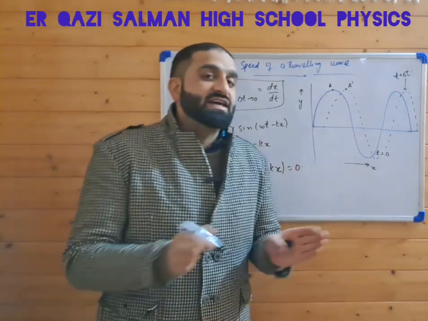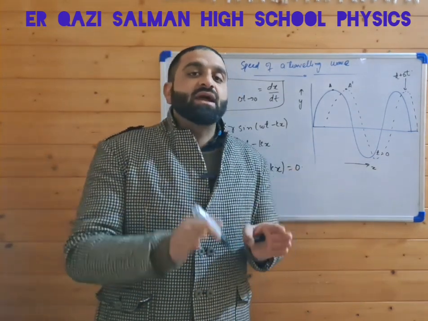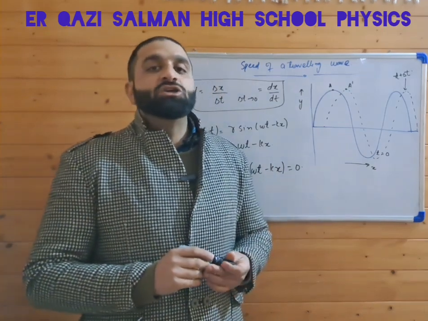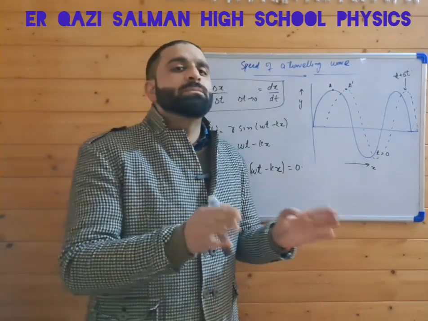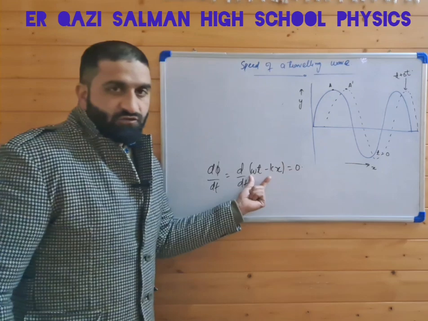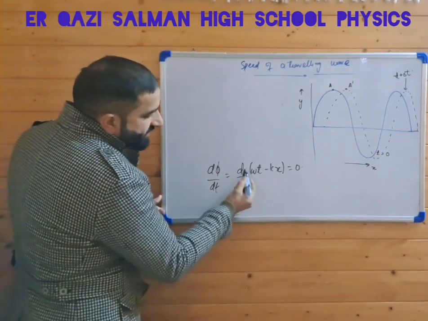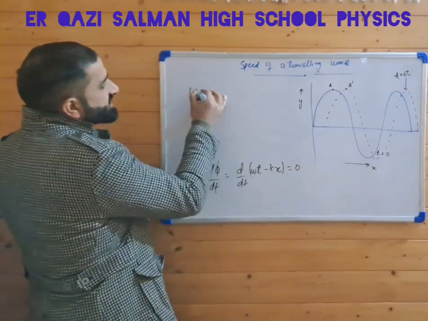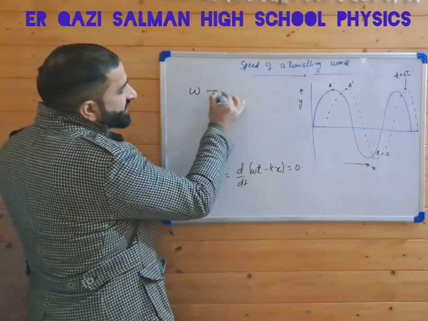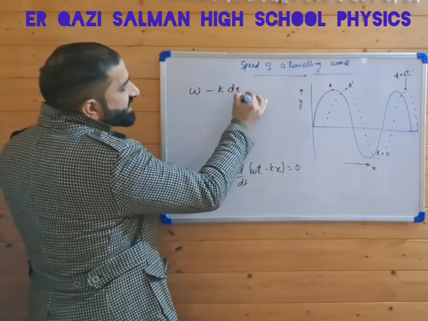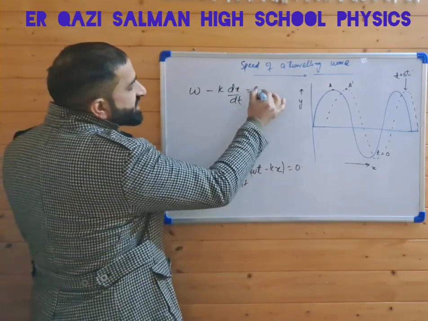As the phase doesn't change, the rate of change of phase with respect to time should be equal to 0. It is simple differentiation. Now differentiating this, we get d by dt of omega t, that is omega, minus k dx divided by dt is equal to 0.